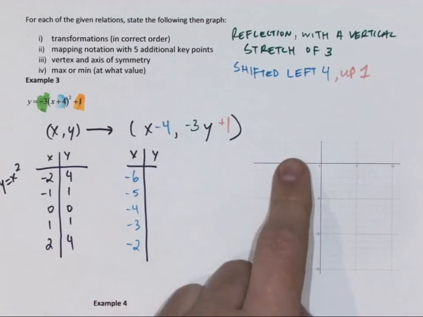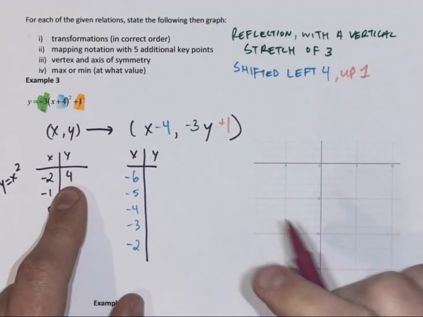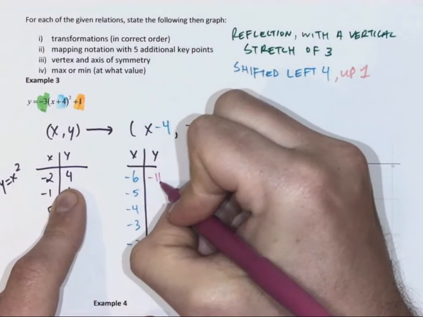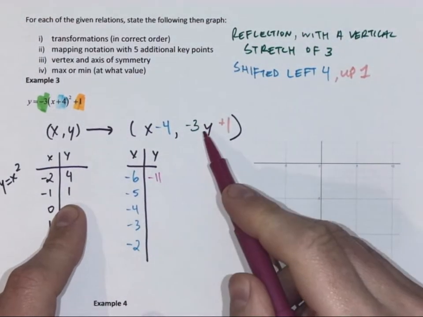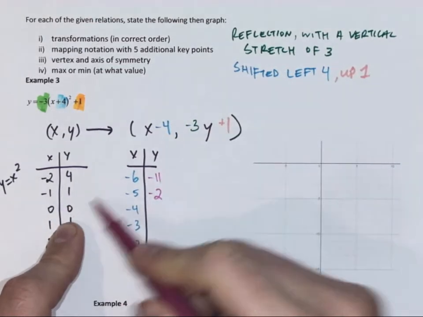So those are going to be my x values. Corresponding y values take a bit more work, either in my head, on a scrap piece of paper, or on a calculator. 4 times negative 3 is negative 12, plus 1, negative 11. 1 times negative 3 is negative 3, plus 1, negative 2. 0.